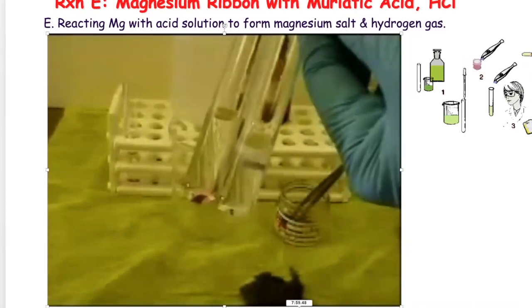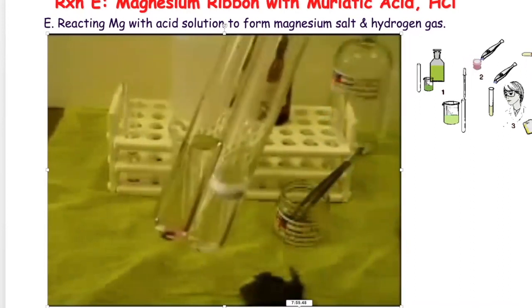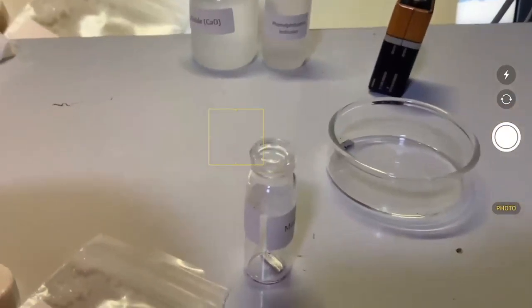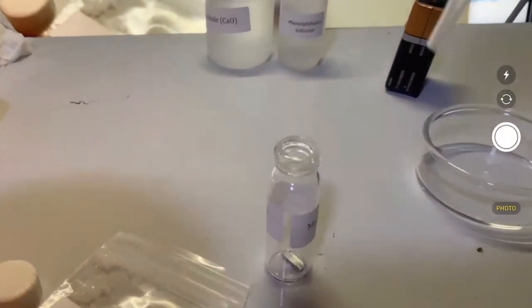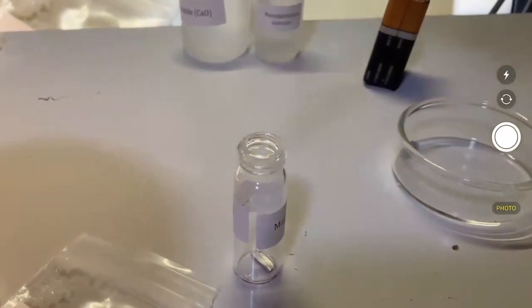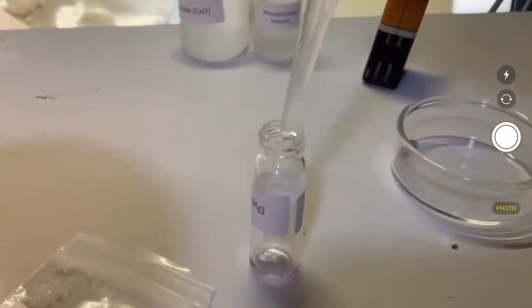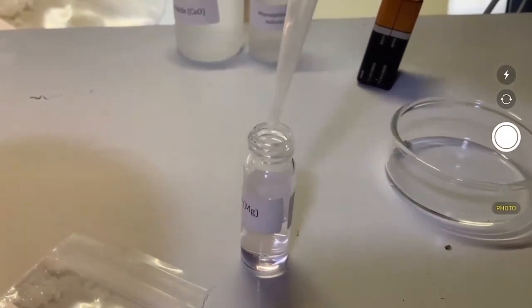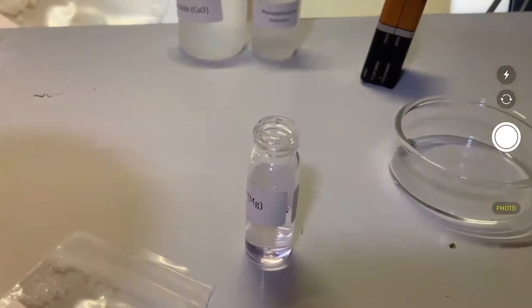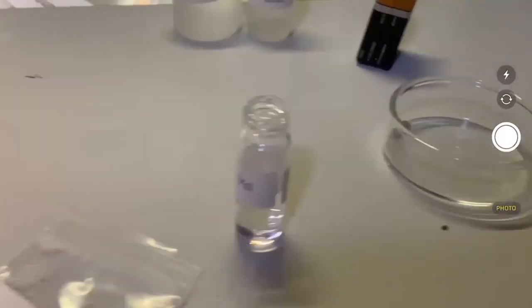Let me just show you what it looks like when we do it live. This is a Petri dish. This is with water. The chemical in here has phenolphthalein. Now what I'm doing is adding some water to this. And then on the other one, I will add some acetic acid.